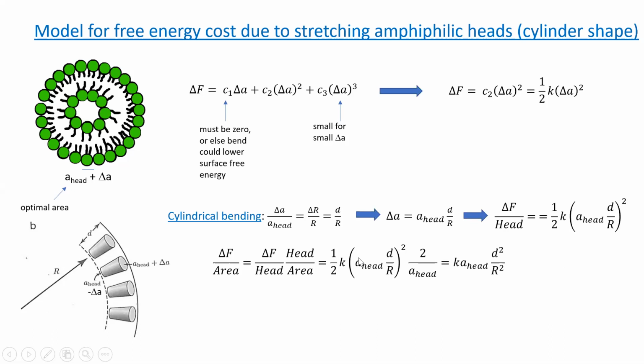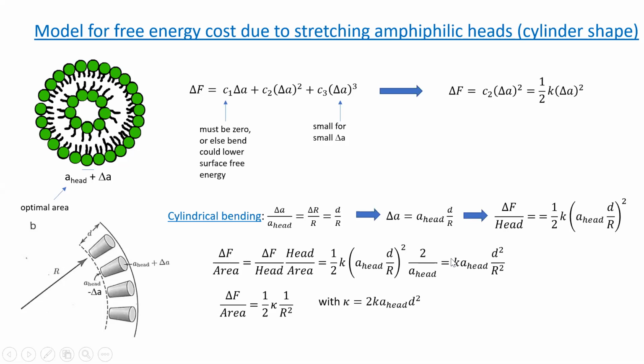And so if we multiply everything together, these twos cancel. We get a K times A head squared over A head, which is A head, and then times D squared over R squared. Okay? So we get this term here. So that's the change in free energy per area. And often this is just written more simply by defining kappa as 2 times K times A head times D squared.